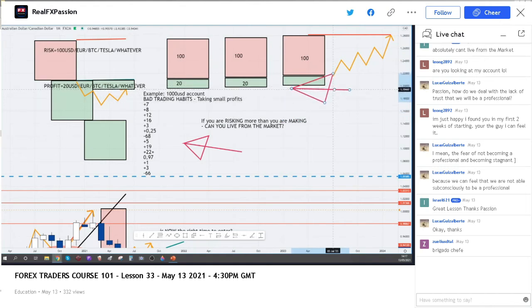Scalpers are excluded. Scalpers scalp 1 for 1, but anything else above, day traders, intraday traders, short-term swing traders, long-term swing traders, position traders, we are in here. And this is how the account looks like.